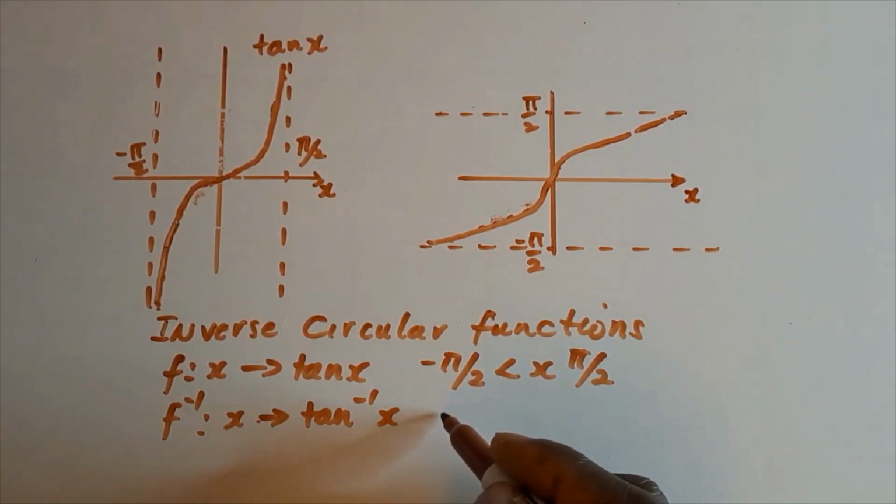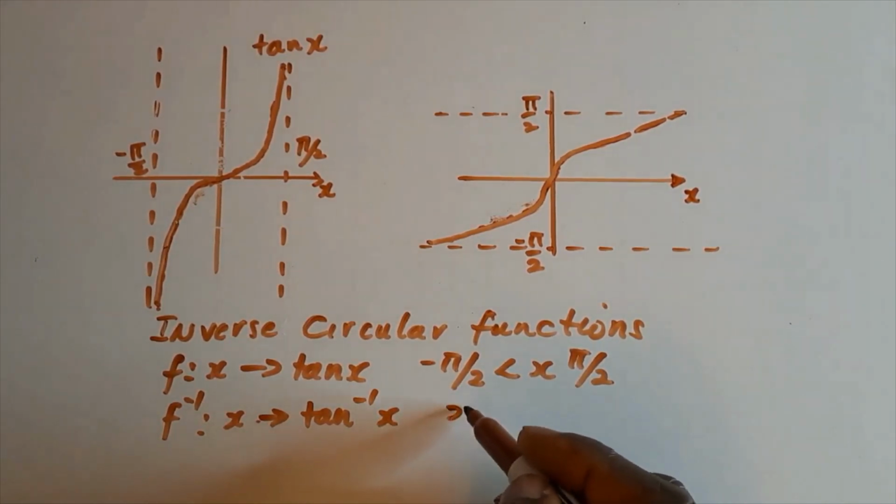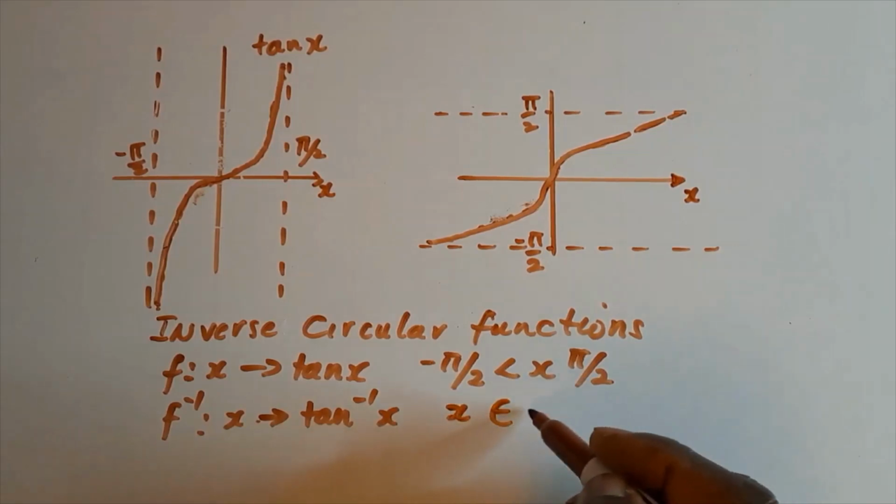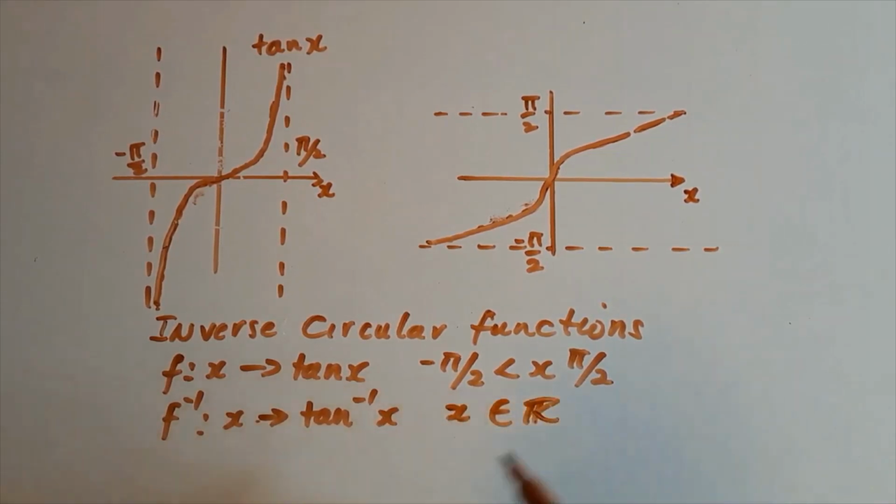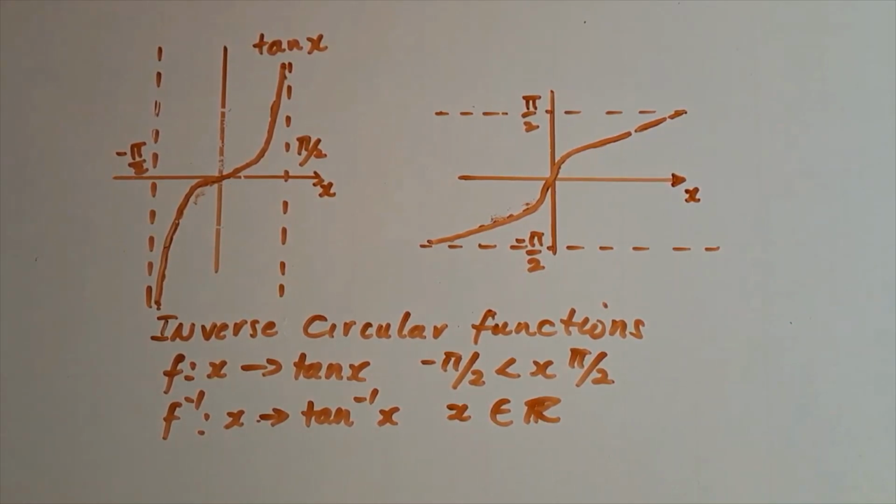which is x belonging to the set of real numbers. That's its domain. So we have inputs of a number x belonging to the set of real numbers.